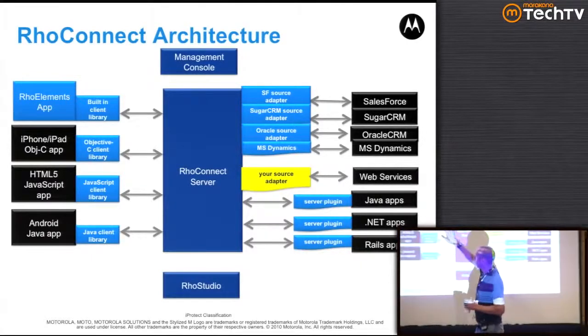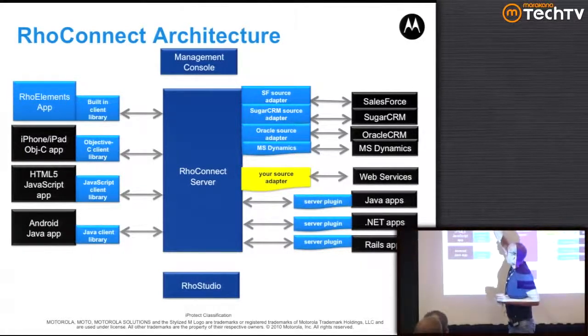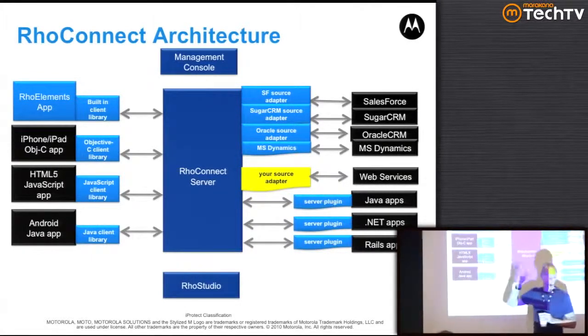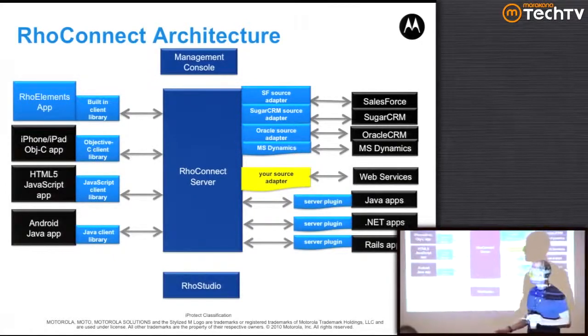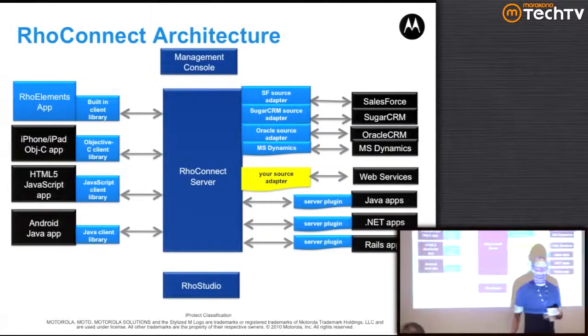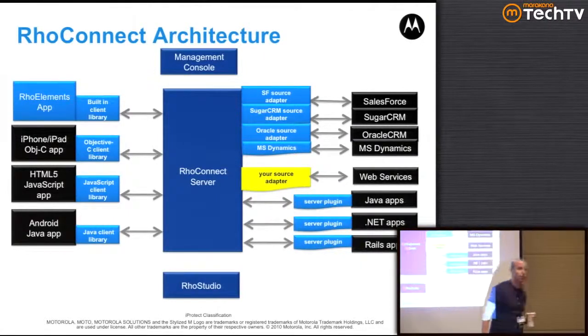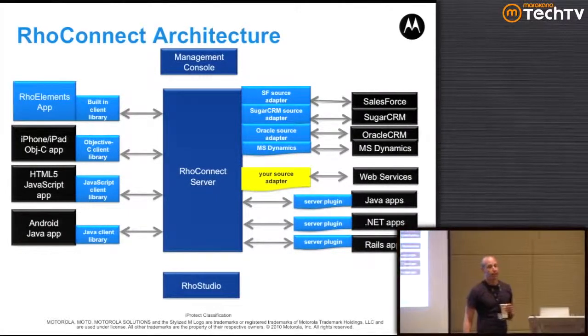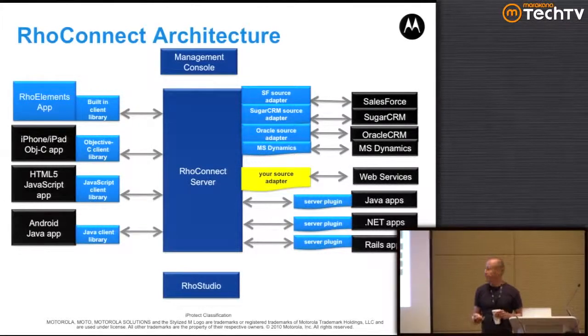Another thing to emphasize is a lot of people think that RhoConnect is just for Rho elements or Rhodes, which is the precursor of Rho elements. But we do support Objective-C, and we actually have several ISVs that have shipped Objective-C apps. Some of them might even be here today that use our Objective-C library. We support HTML JavaScript.